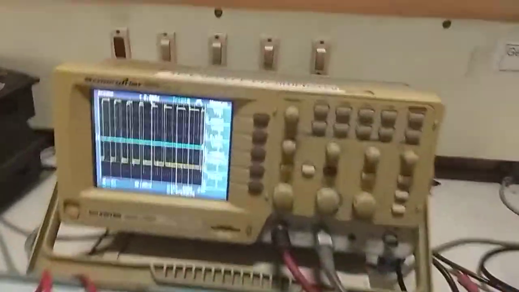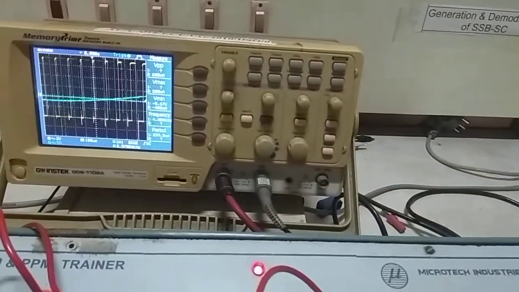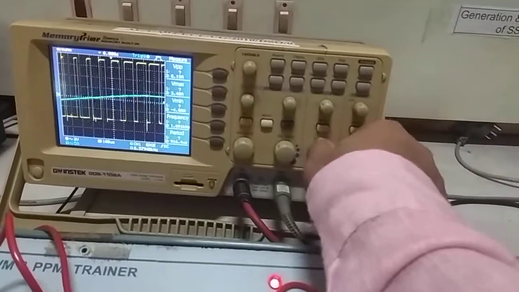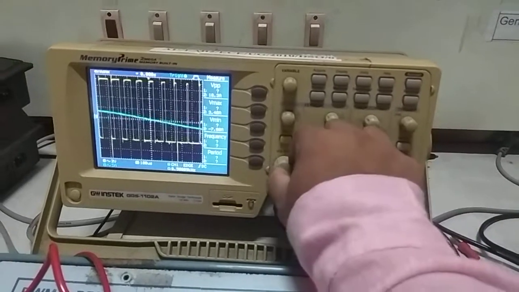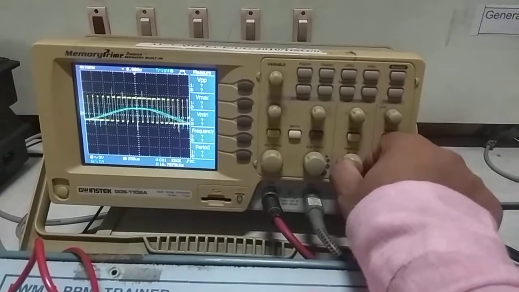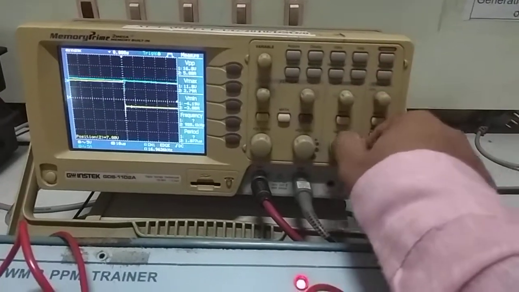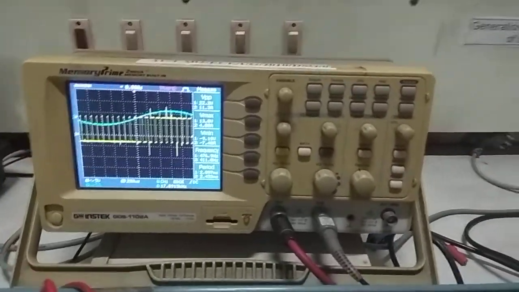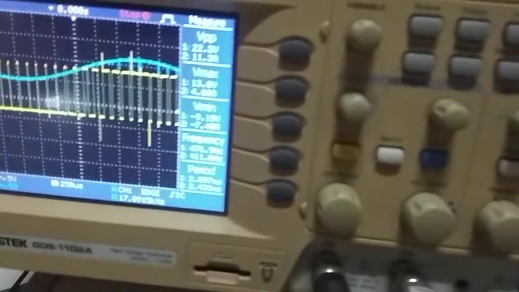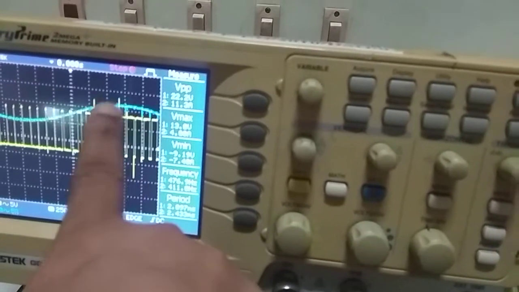So now we check how the baseband signal and the modulated signal vary. That means according to the message signal amplitude, the baseband signal, look at this. This is clearly defined that the blue signal is the message signal here.